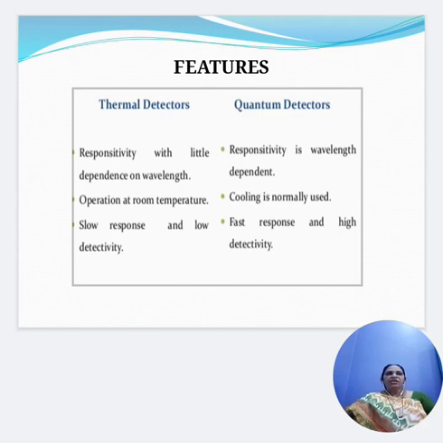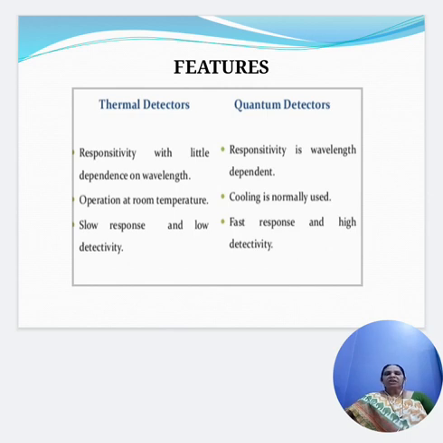What are the features of thermal detectors and quantum detectors? There are two types of detectors used, as I told you. The features of the thermal detectors are responsivity with little dependence on wavelength, whereas the responsivity of quantum detectors is dependent on wavelength.